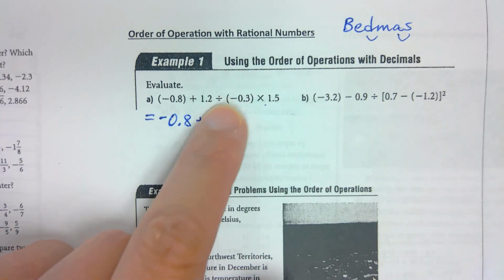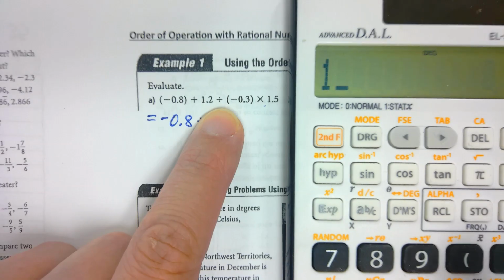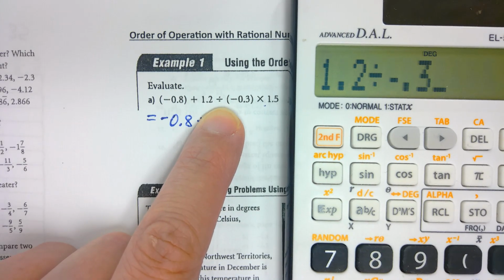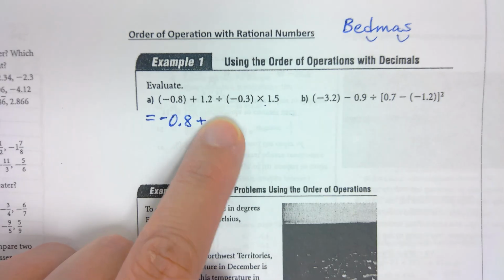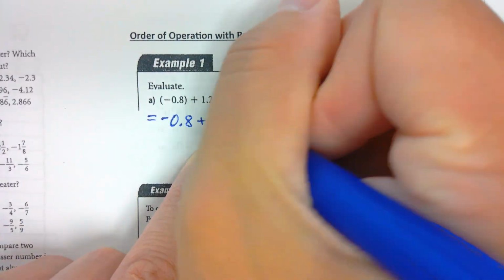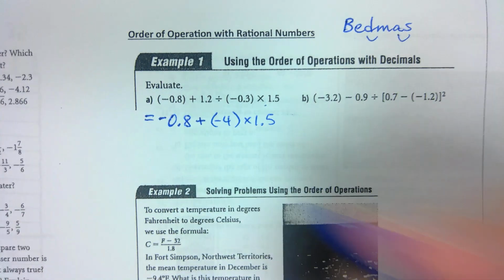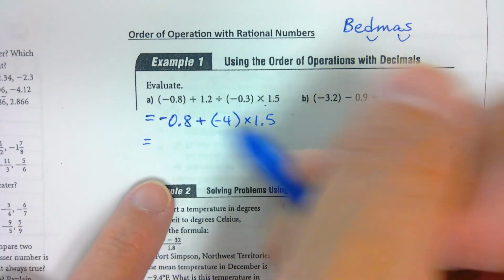Okay, so doing this on the calculator, 1.2 divided by negative 0.3, you get negative 4 times 1.5. And then I do the multiplication first.